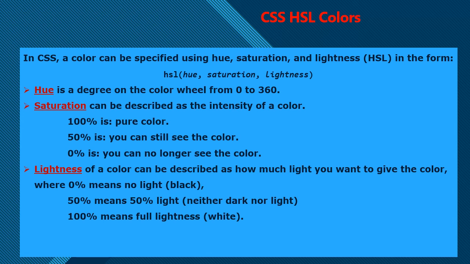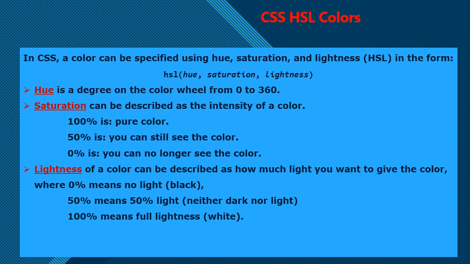There is one more way wherein we can specify the colors by using HSL colors. Here in HSL, H stands for hue, S stands for saturation, and L stands for lightness. Hue is a degree on the color wheel which ranges from 0 to 360.